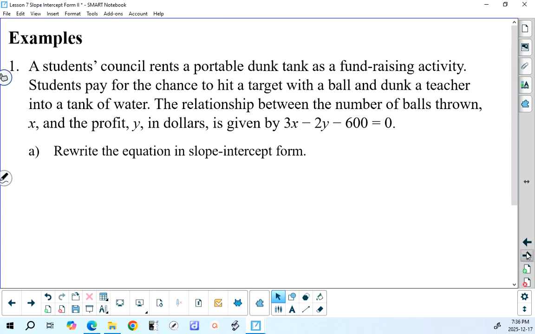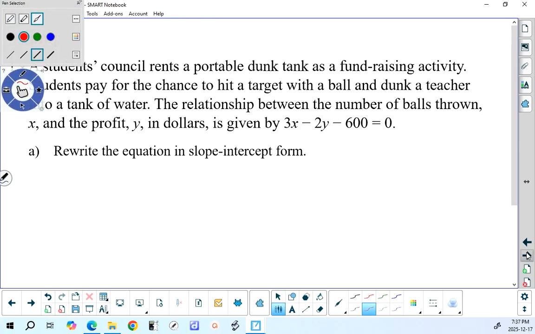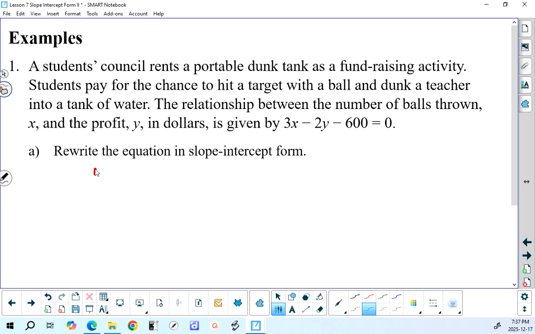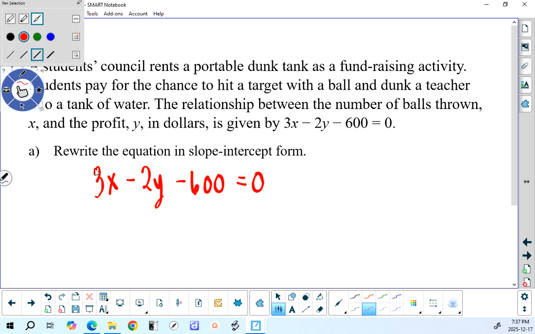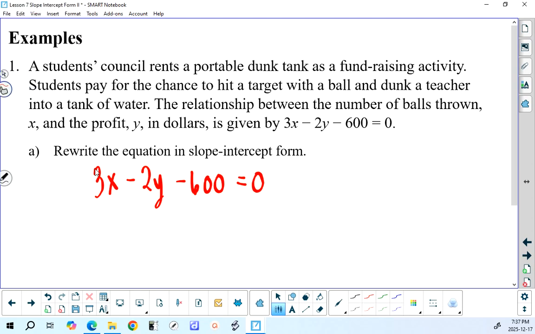The first thing that we're asked to do is rewrite the equation in slope-intercept form. And we did this yesterday, but I'm going to go through my thinking again today. We have 3x minus 2y minus 600 is equal to 0. That's the equation. I would much rather rearrange the equation so that we're talking about positive y's.